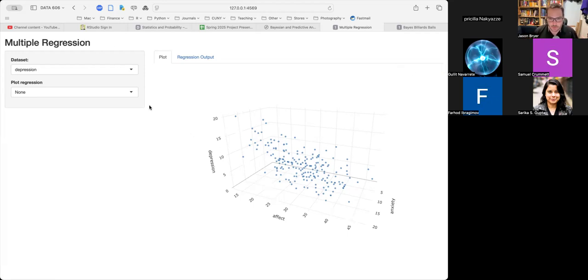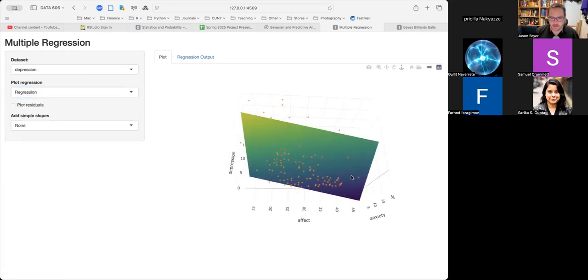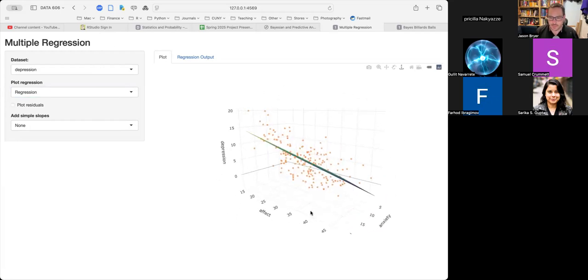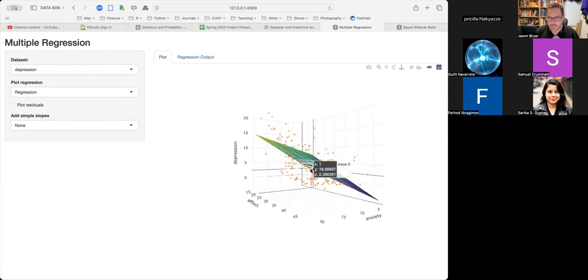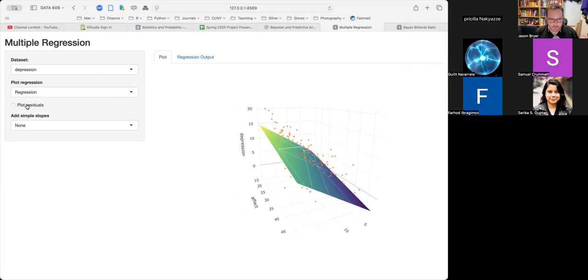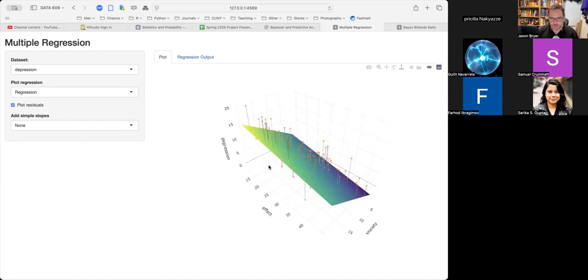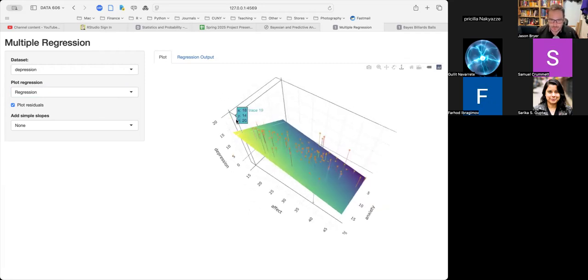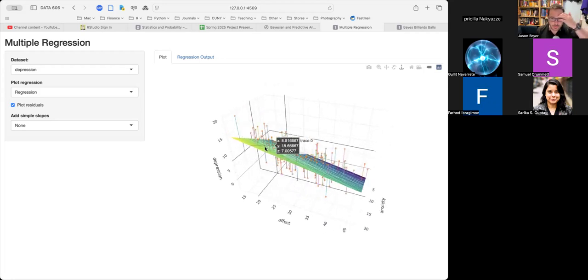When we're doing multiple regression, what we're trying to estimate is the same thing as simple linear regression. Instead of a line, we're trying to estimate a plane. And we're still trying to minimize the sum of squared residuals. What I wanted to add, and couldn't do, but have been working on this week, is this: when we have two predictor variables, we still have our predicted value, which is on the plane, and we're just minimizing the distance as we go through.